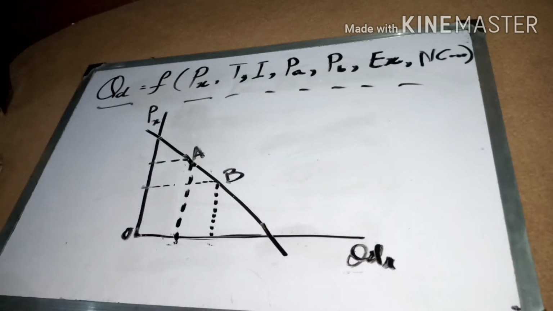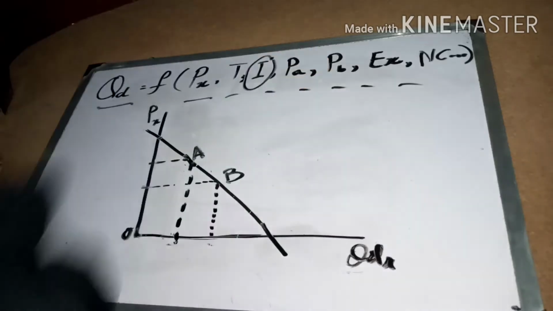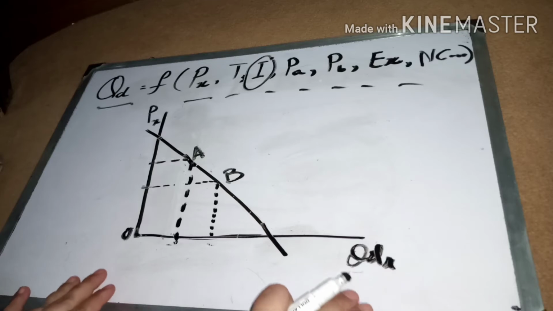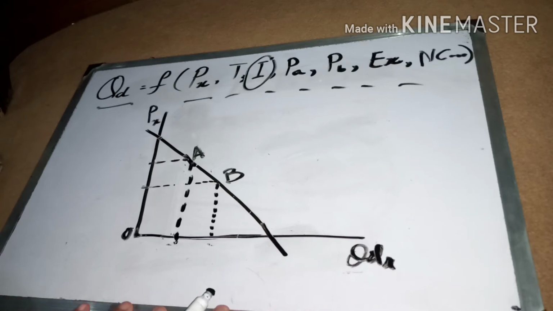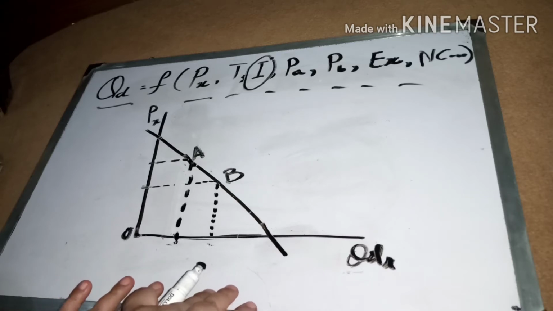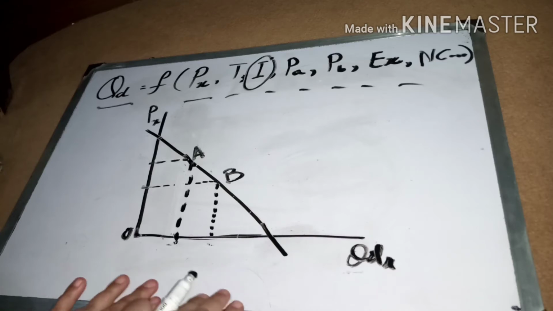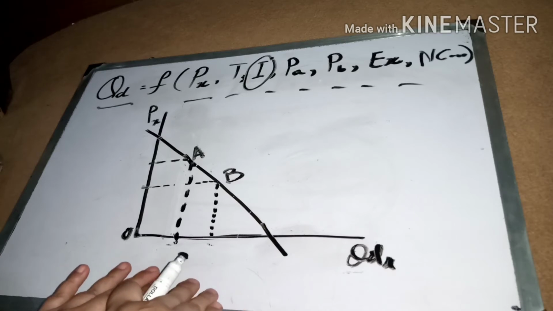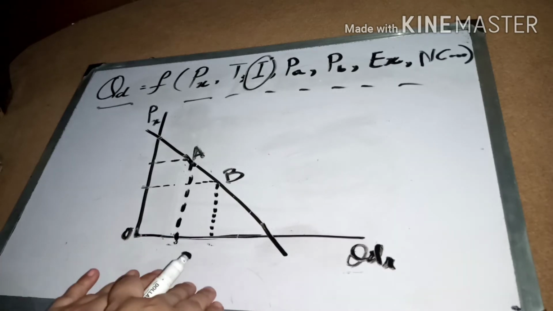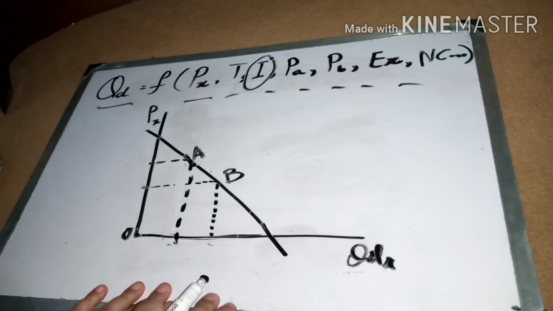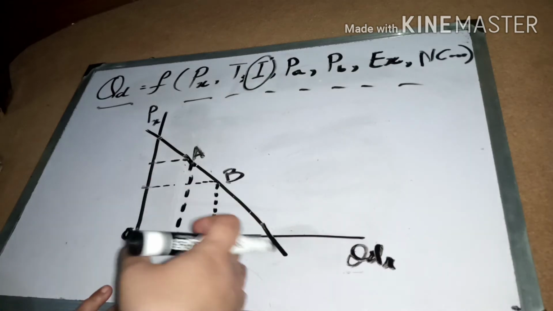Alright. Now let's suppose any of these factors which we have held constant change. Let's suppose the consumer's income increases and the product that we are talking about is a normal good. We have studied before that whenever there is an income increase for the consumer, the consumption of the normal good increases, which means that consumers would use more of the normal goods.